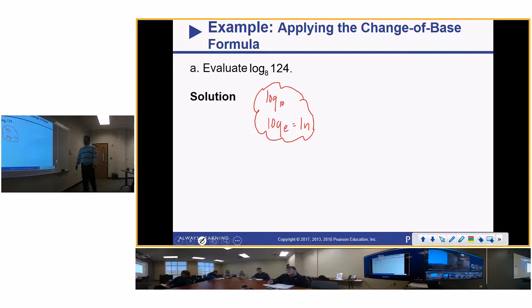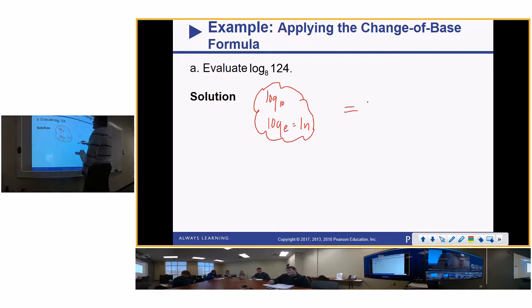The way you do that is real simple. You take the log of 124 and put it over the log of 8.